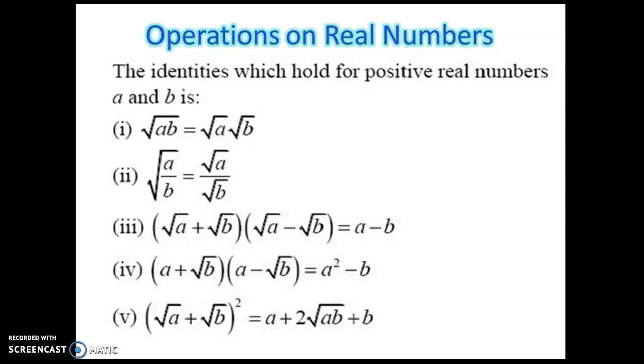These operations we are going to do on real numbers. In this slide we are going to see the identities that hold for positive real numbers. First, the square root of AB can be written as the square root of A into the square root of B. So the square root of AB can be split and written as the square root of A times the square root of B. Then the square root of A by B can be written as the square root of A divided by the square root of B. Then the third identity: the square root of A plus the square root of B, into the square root of A minus the square root of B.